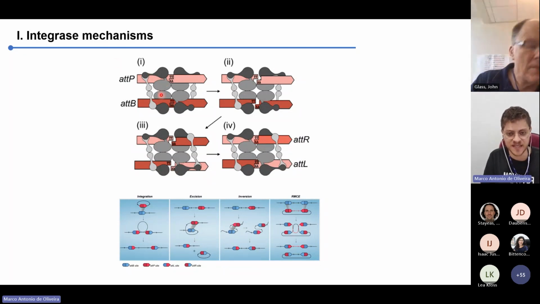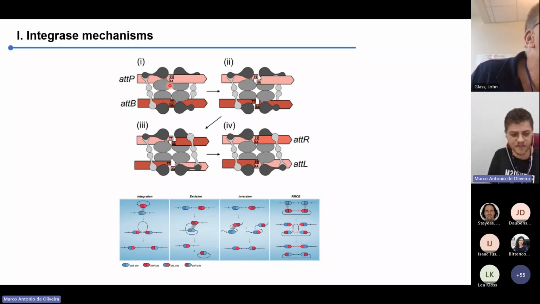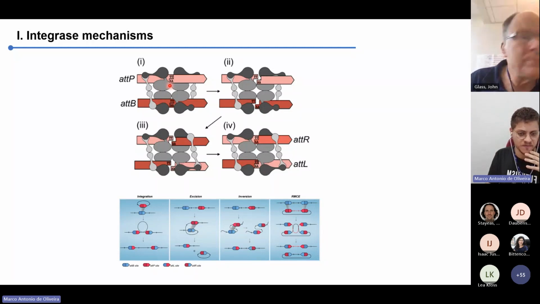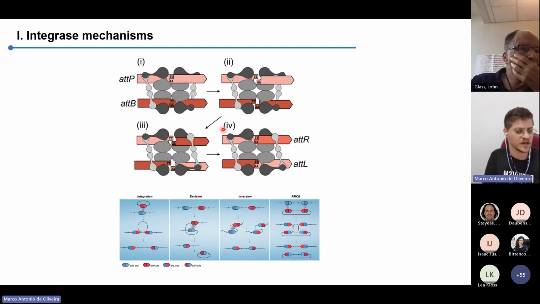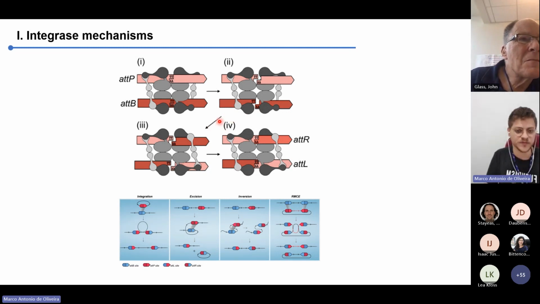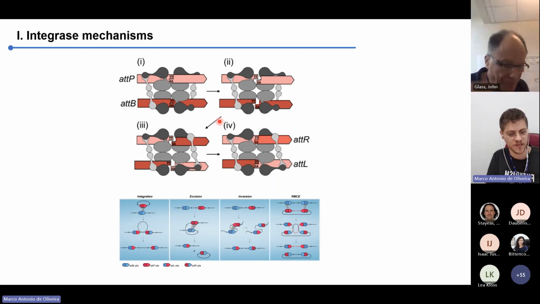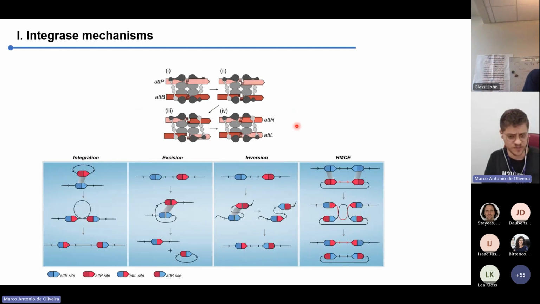There are attachment sites named ATT B and P, and their advantage, especially in a minimized molecular environment like the minimal cell, is that they are able to attach the DNA, perform double-strand breaks, rearrange such DNA strands, and then perform the ligation without the need of any other cofactor from the host or repair machinery, for instance. We were already working in other models with these molecules, and we decided that would be a good candidate to work on the minimal cell.